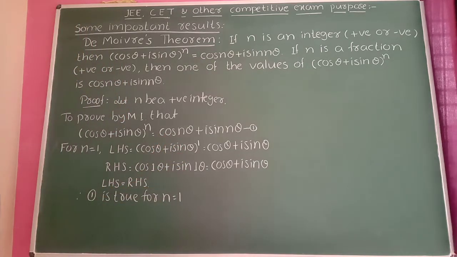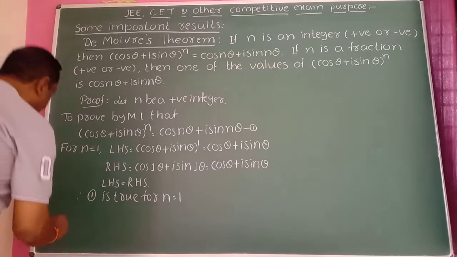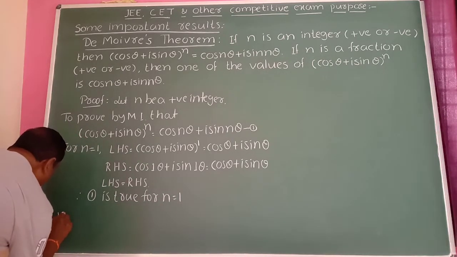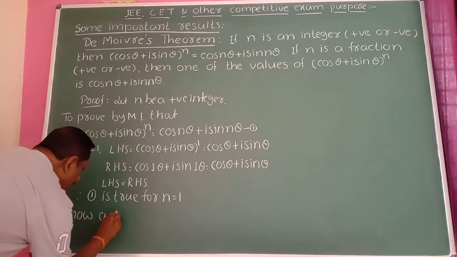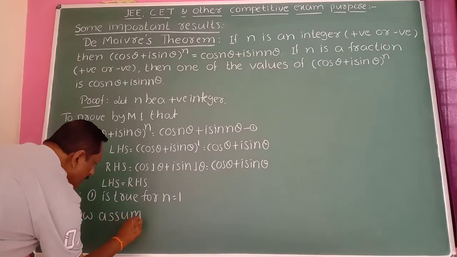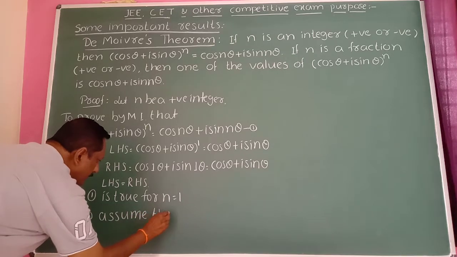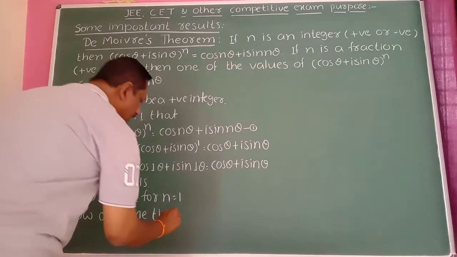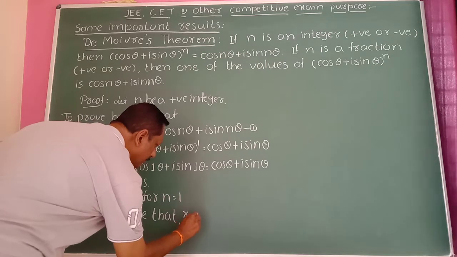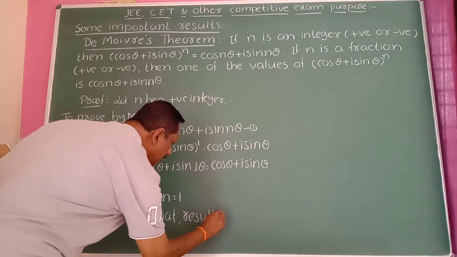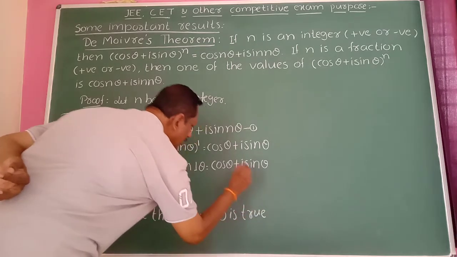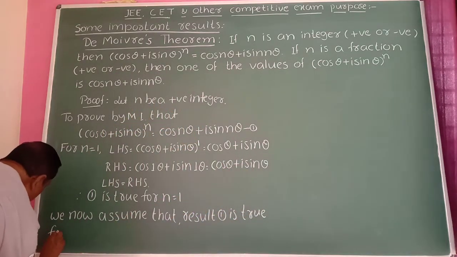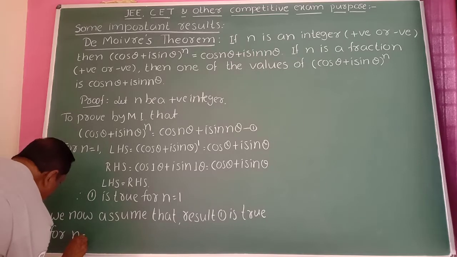Next, assume the result is true for n equal to m. We now assume that result 1 is true for n is equal to m.